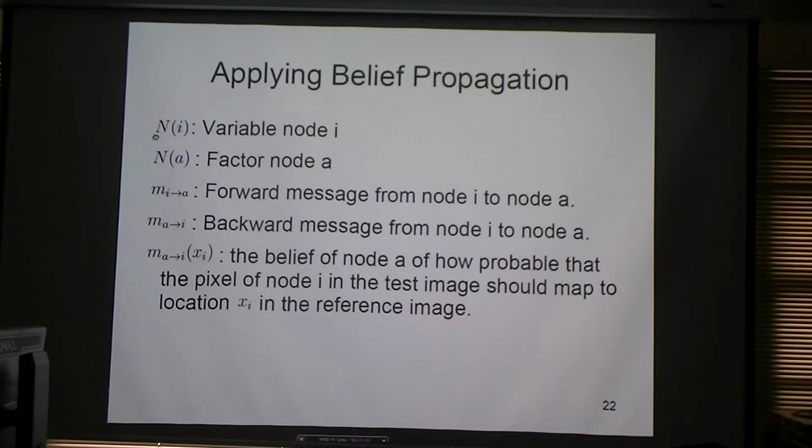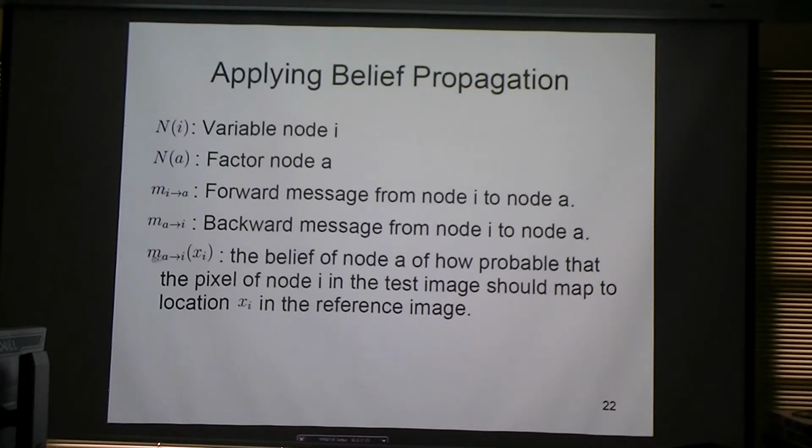For example, for applying belief propagation, if Ni is the variable node i, and Na is the factor node a, then Mi to a is the forward message from node i to node a, and Ma to i is the backward message from node a to node i.